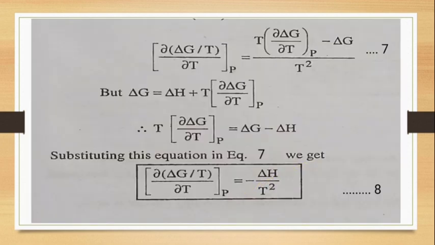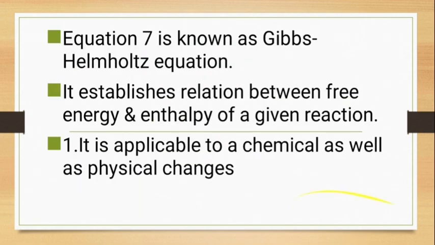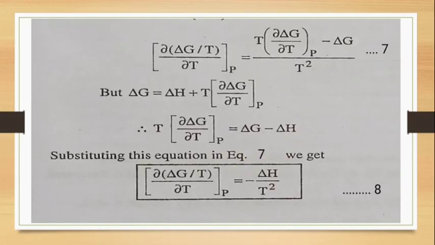So we have the equation ΔG is equal to ΔH plus T ∂ΔG/∂T at a constant pressure. This is our equation number 7. Take it as it is here.